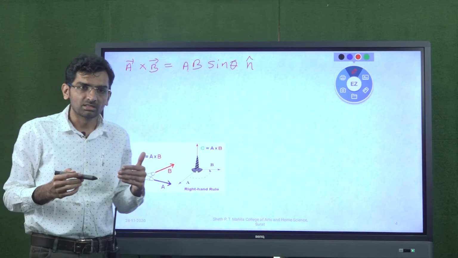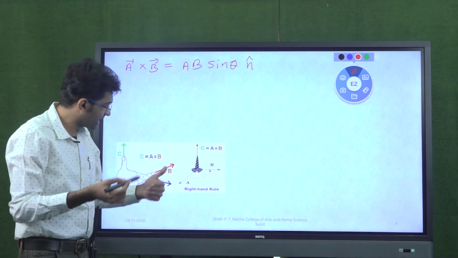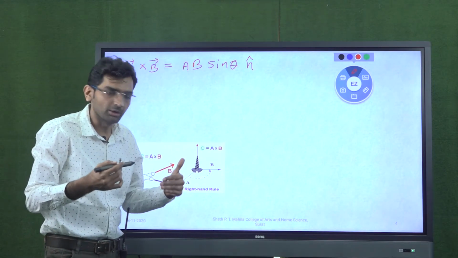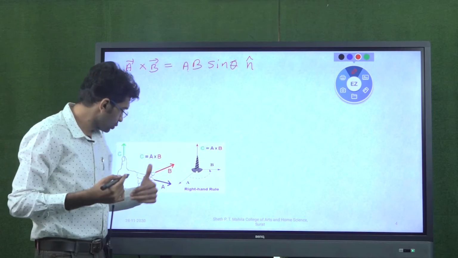Now you will ask, sir, what is the direction of A cross B? To find out the direction of A cross B, I have to use the right hand screw rule. What is the right hand screw rule?